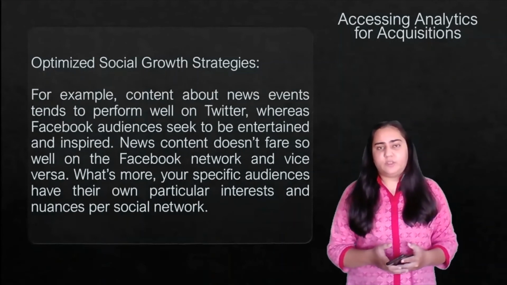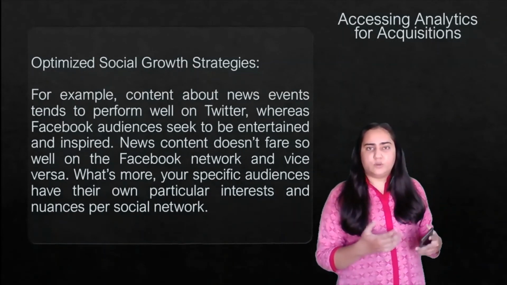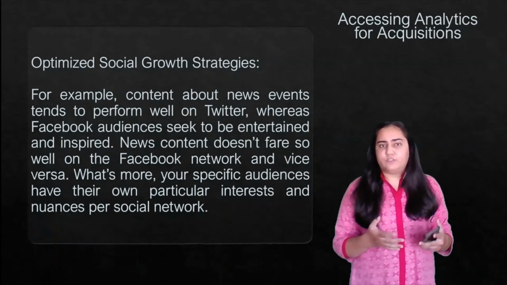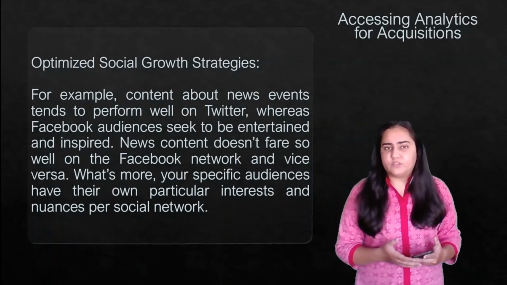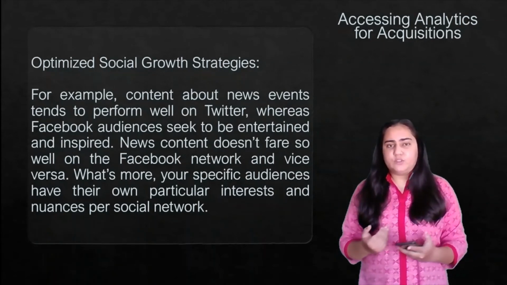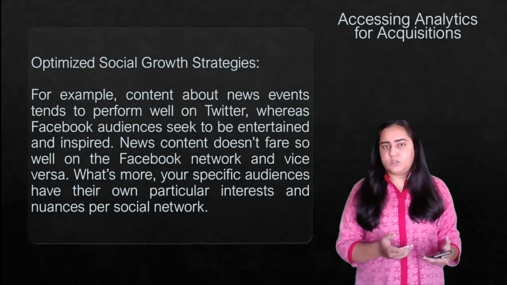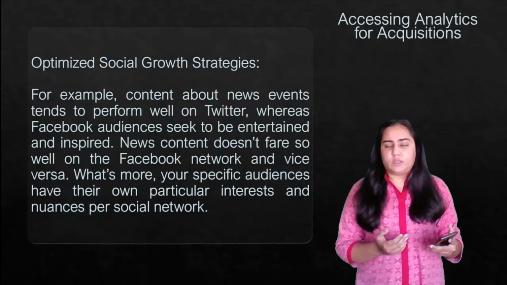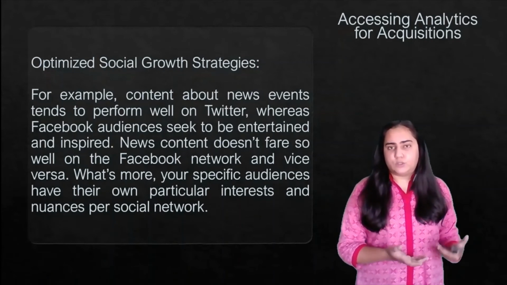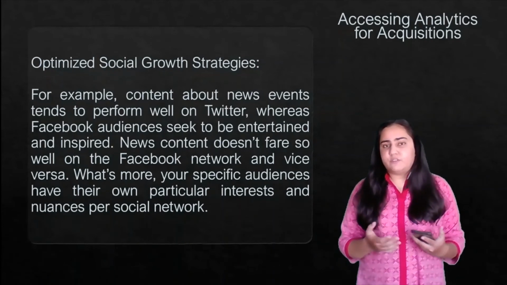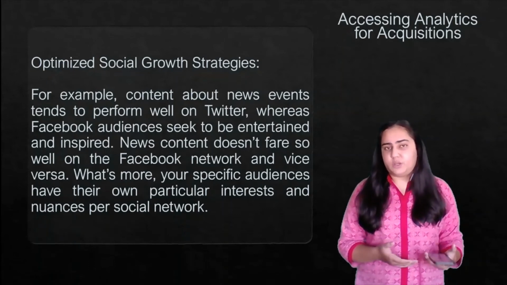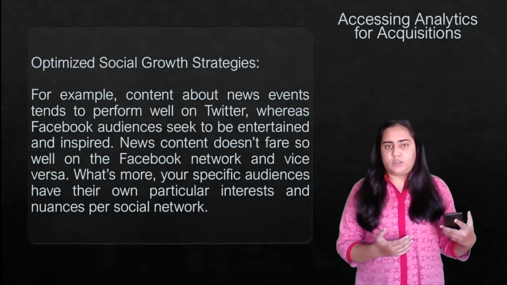An example of how social growth strategies can be optimized is, if you have content about news events on Twitter, then it's going to perform better than news events on Facebook, because the Twitter audience is more involved with news and prefers to get content related to news. But audiences on Facebook are there to seek entertainment and to be inspired rather than get news content.